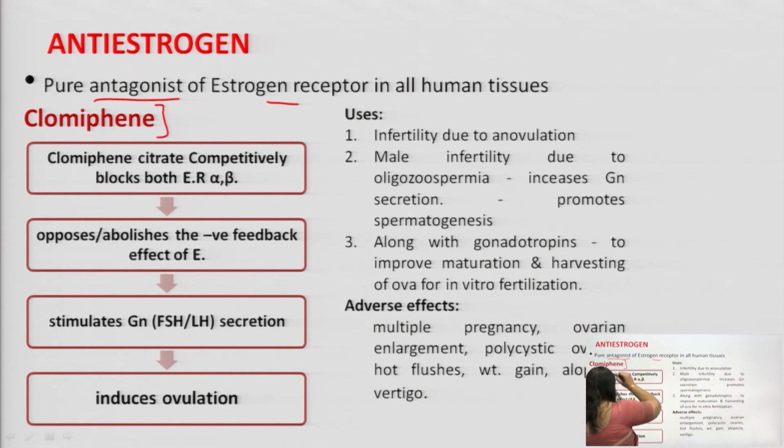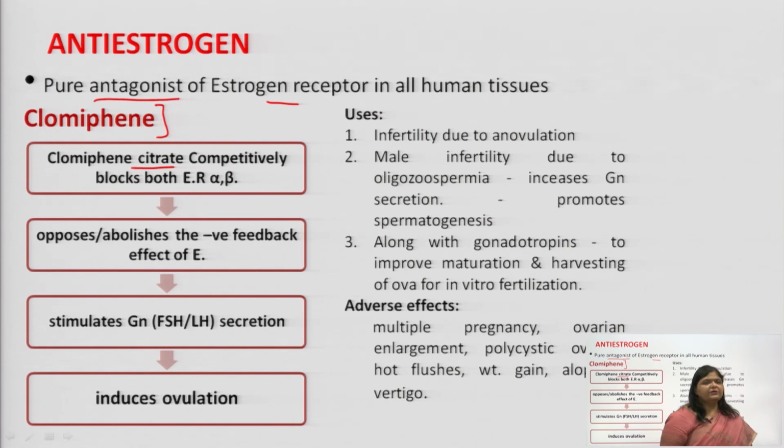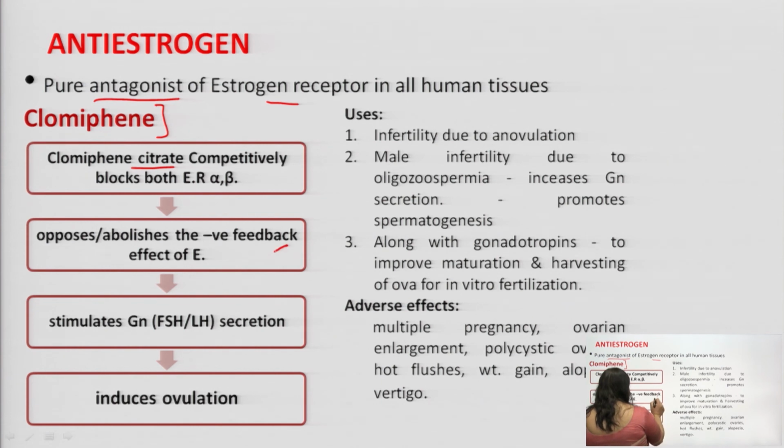Now, how does this clomiphene act? It is generally used as clomiphene citrate. It competitively blocks both the receptors, estrogen receptor alpha and estrogen receptor beta, and it opposes or abolishes the negative feedback mechanism. So, the negative feedback mechanism is abolished.